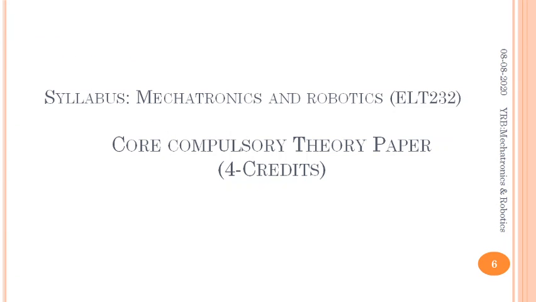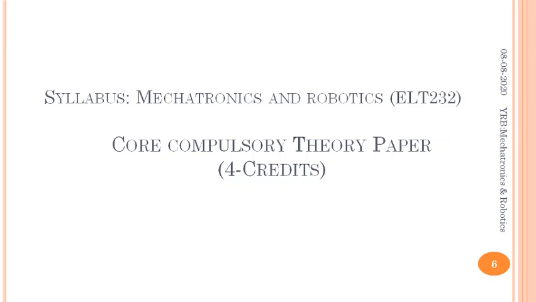My dear friends, let us have discussion of syllabus for our PG course. As we know, title of the paper is Mechatronics and Robotics. Savitribai Phule University paper code for the subject is ELT232.